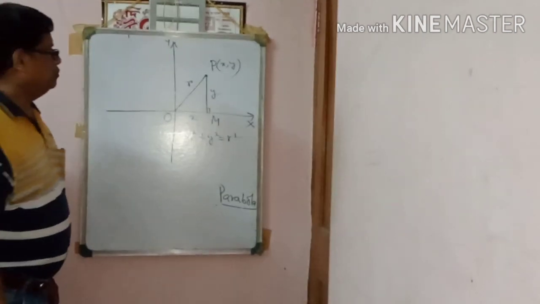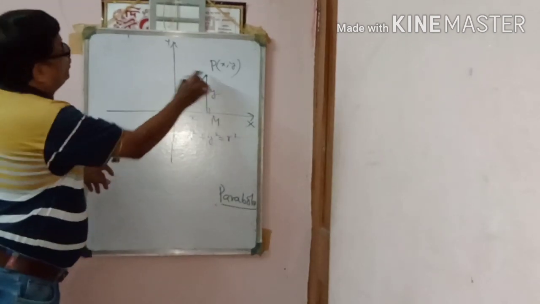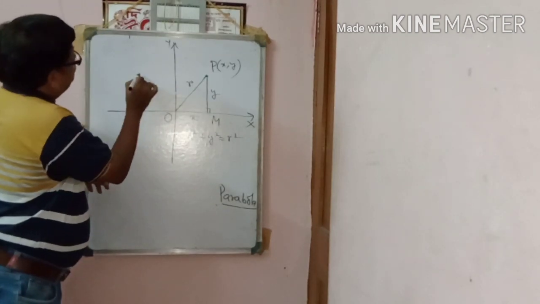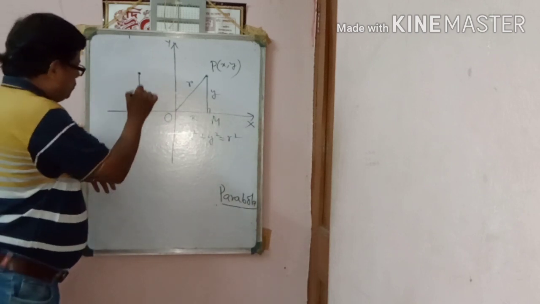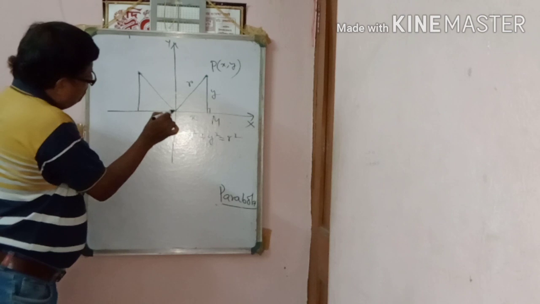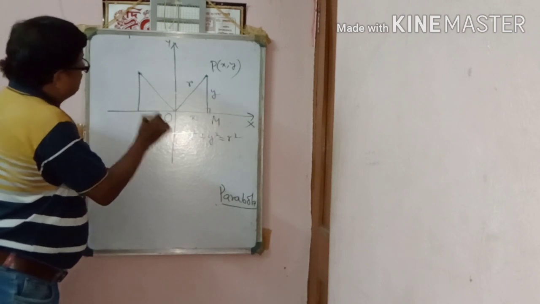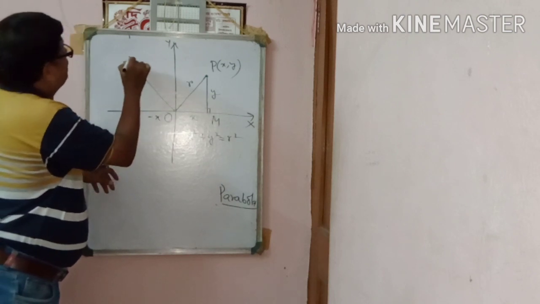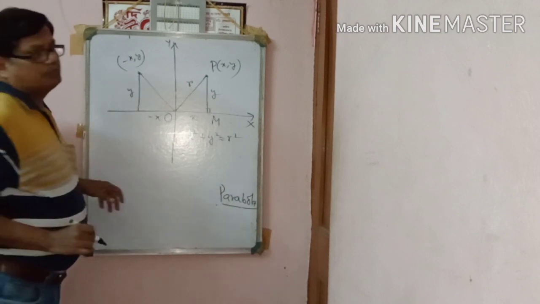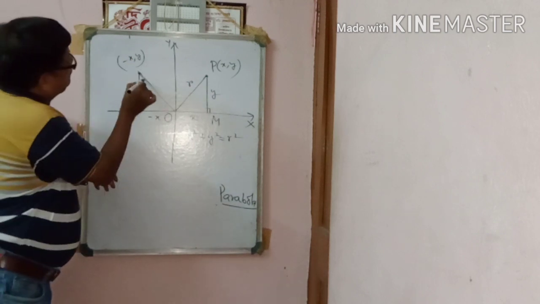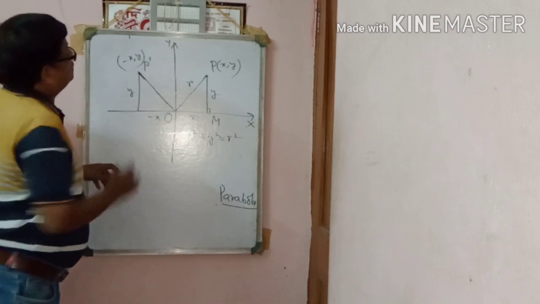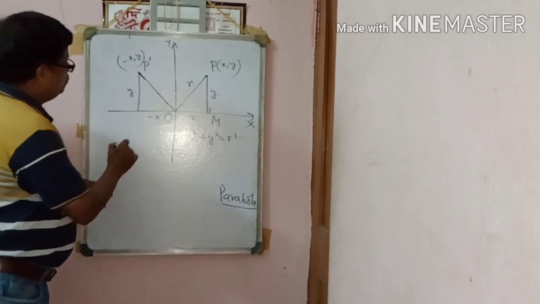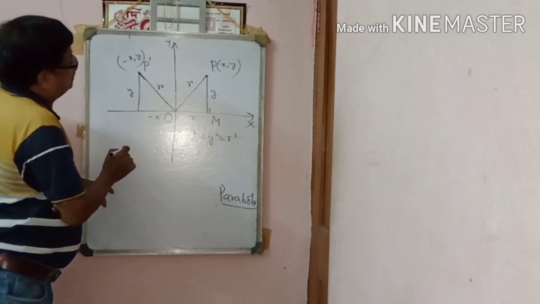Now, again look at here. Suppose the point is here. Draw a perpendicular here. So this is minus x, this is y. The coordinate is (minus x, y). So find out this distance. Suppose this is P dash. So this is r.